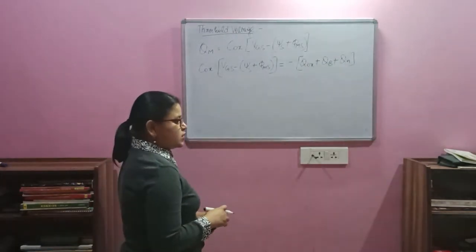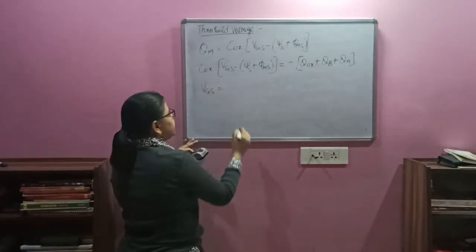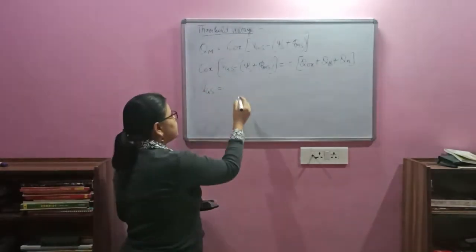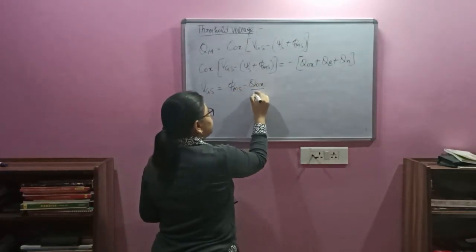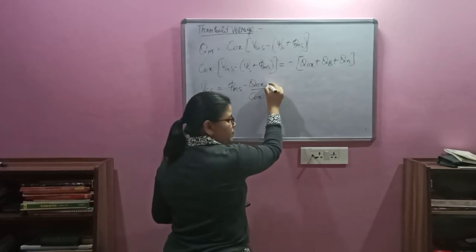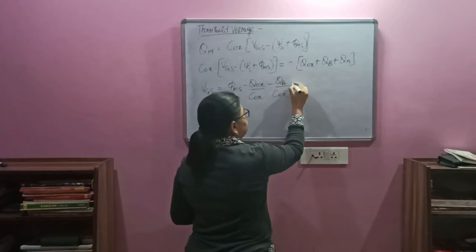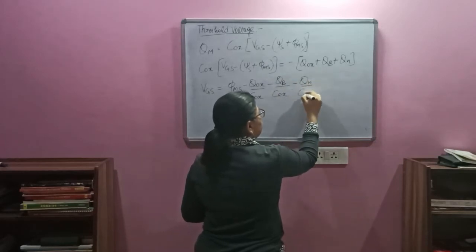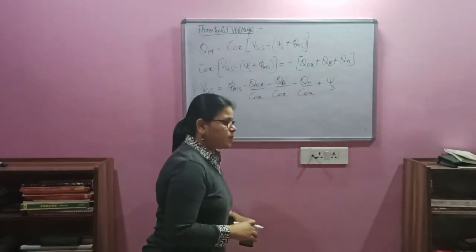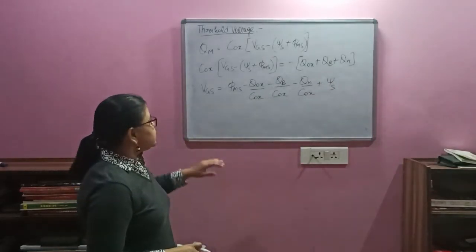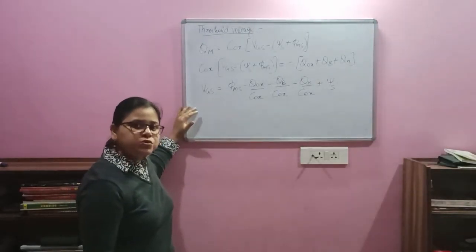Now rearranging this equation, we get gate to source voltage VGS as phi ms minus Q oxide upon Cox minus QB upon Cox minus Qn upon Cox plus psi s. So this is a very generalized equation which states what the gate to source voltage will be.